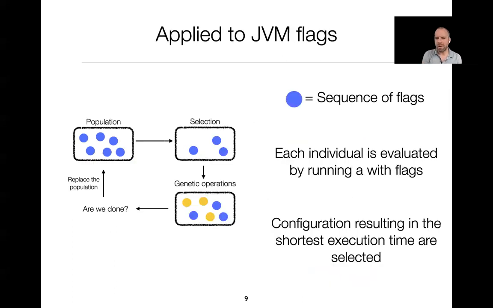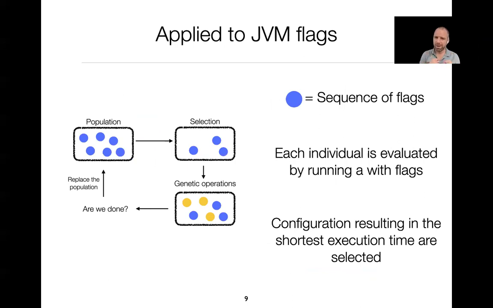So applied to the Java virtual machines, each blue dot here is a sequence of flags. This is really a sequence of all the flags that can be used in the JVM. The performance of an individual is obtained by running the benchmark with those flags.